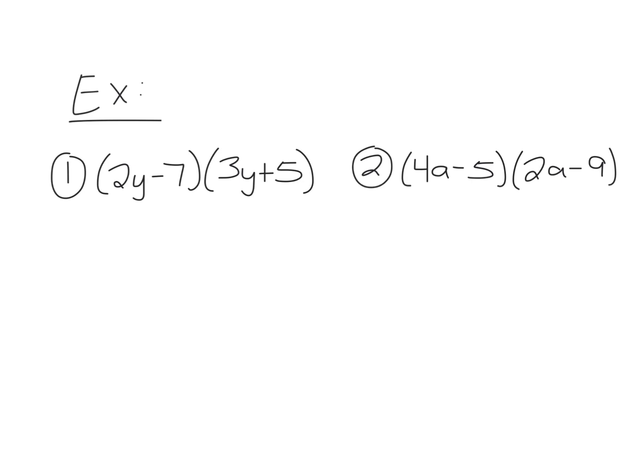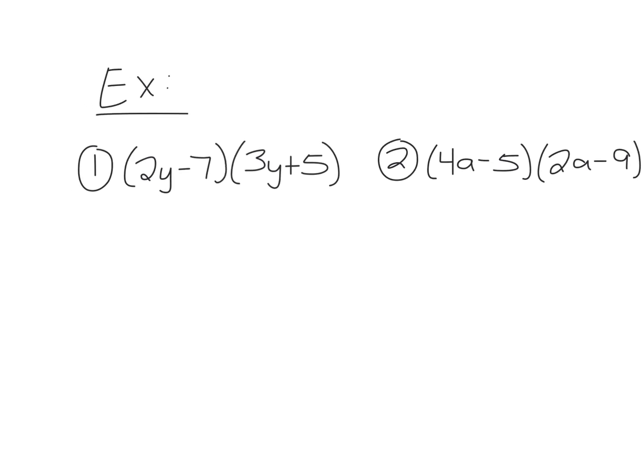So number 1, what do I need to multiply first or distribute first? Yep, take the 2y. We're going to distribute that to both terms in the other one. So 2y times 3y gives us 6y to the second. And now what do I multiply? Yep. Take 2y to the other term. 2y times 5 is 10y. Good. What do I do next? Yep. Negative 7 times 3y. Now I'm taking negative 7 and distributing it to both.